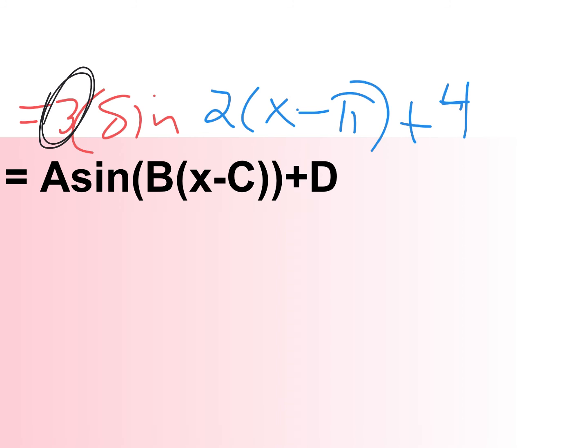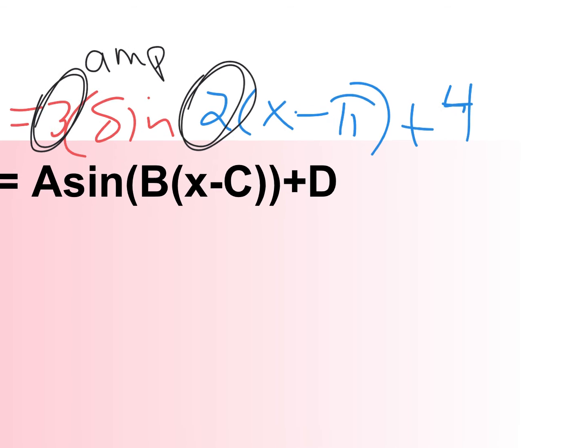That 3 in the front, that'd be a vertical stretch, but it's also the amplitude. You know that distance from the middle up? That tells you the amplitude. Okay, next, the B term right here, that is going to tell you your horizontal stretch or shrink.